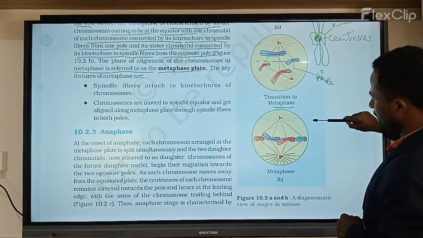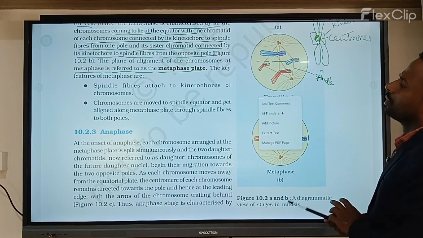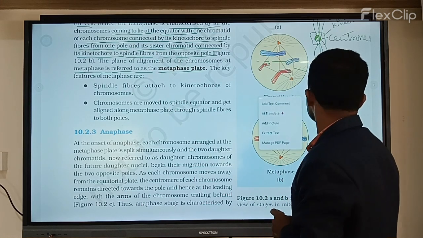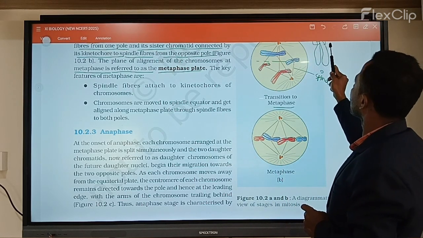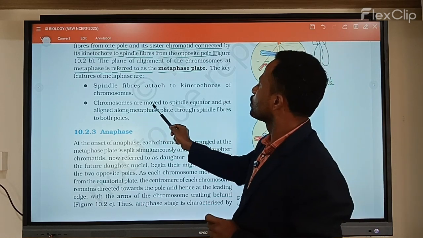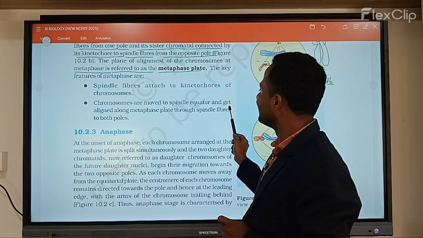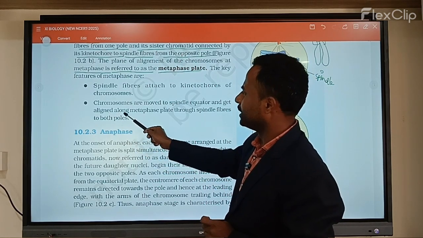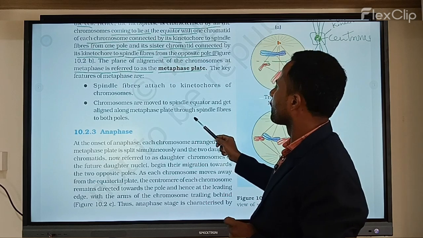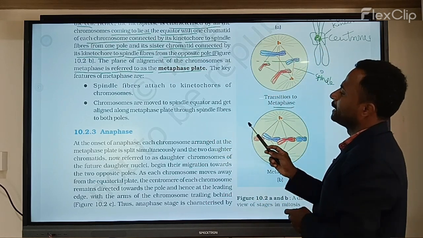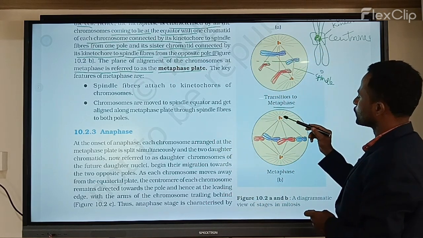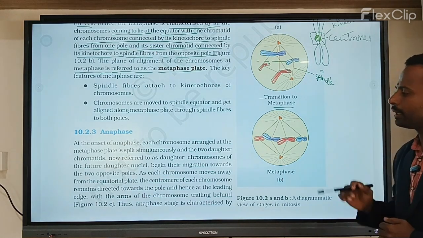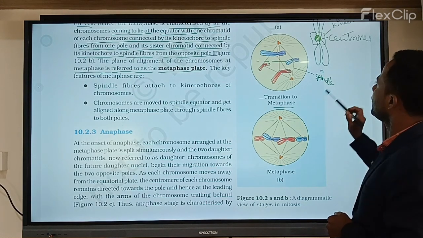In this metaphase, the spindle fibers attach to the kinetochore of the chromosomes. The chromosomes move to the equator and align along the metaphase plate through the spindle fibers from the two poles. So the chromosomes are aligned in one single plate. Okay, this is metaphase.